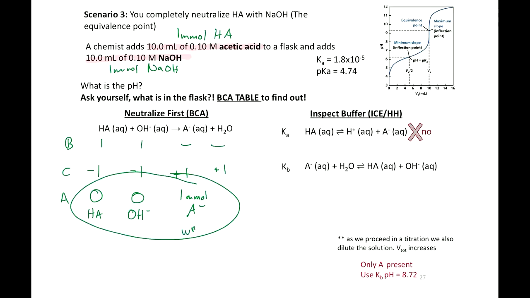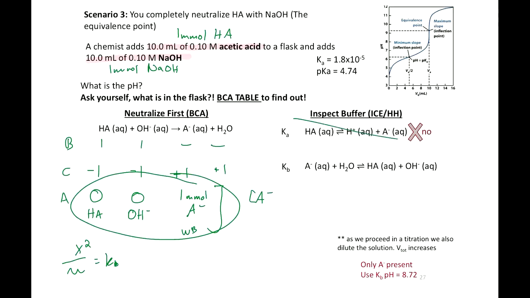It's a weak base. Do you know how to calculate the pH of a weak base? Yes, that's chapter 16. All right, so if this is a weak base, we use what equation to solve for it? Kb, yeah, we do x squared over initial concentration equals Kb in this case. But remember, initial concentration, 1 millimole is not a concentration. So now we actually do have to calculate what the concentration of A minus is.